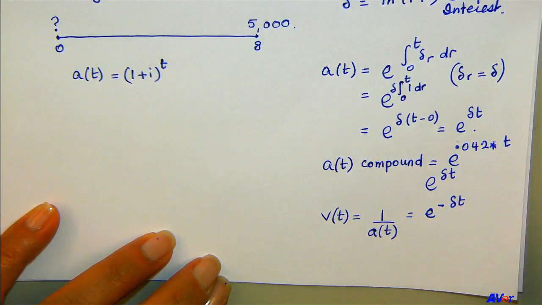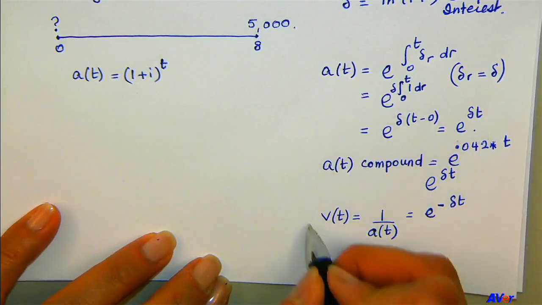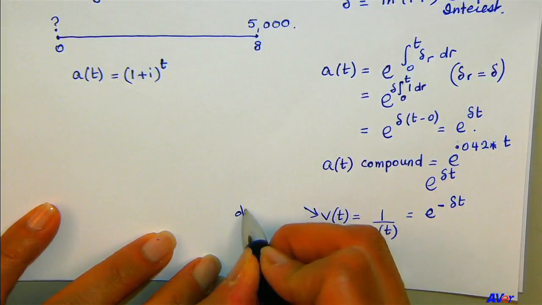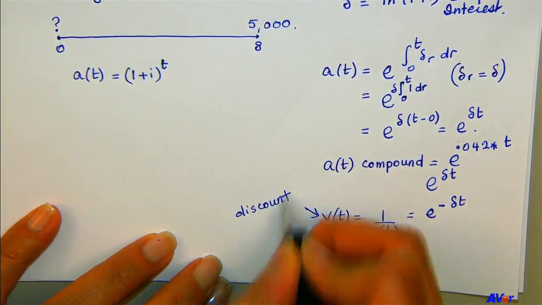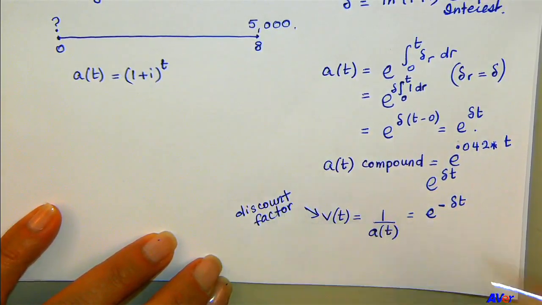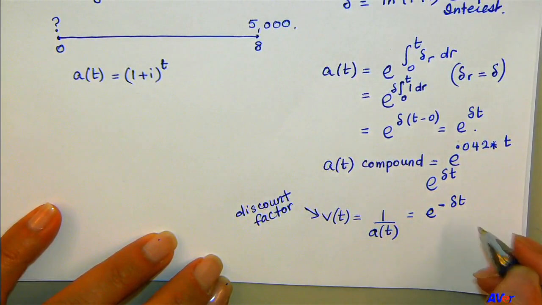What is v of t again? Do you remember? What is v of t? Discount factor, right. The discount factor, which is always equal to 1 over A of t.